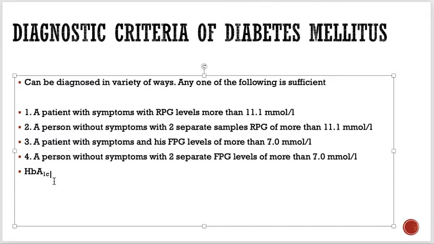Now, as we know, the life cycle of the RBCs is around 120 days. So we check the HbA1c level, and it can tell us how the person's blood glucose control was over the last 3 months.